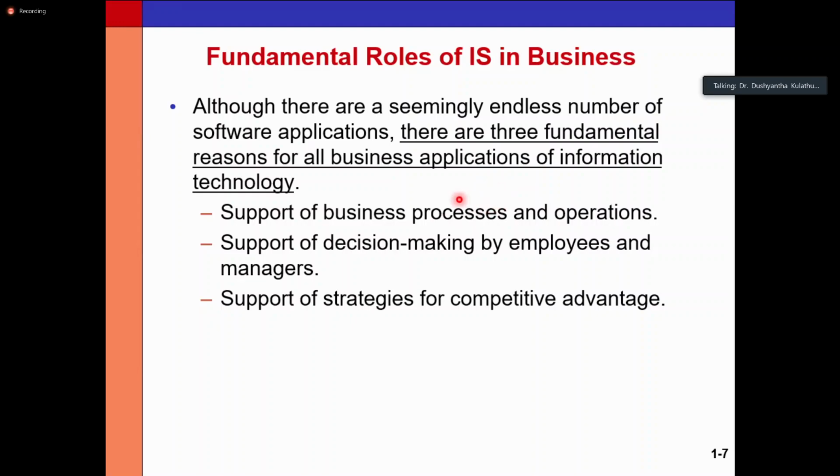When it comes to information systems in general, that can mean some general users, but here we are focusing on the business application of those information systems and how they are utilized by those employees and managers within the organizations.